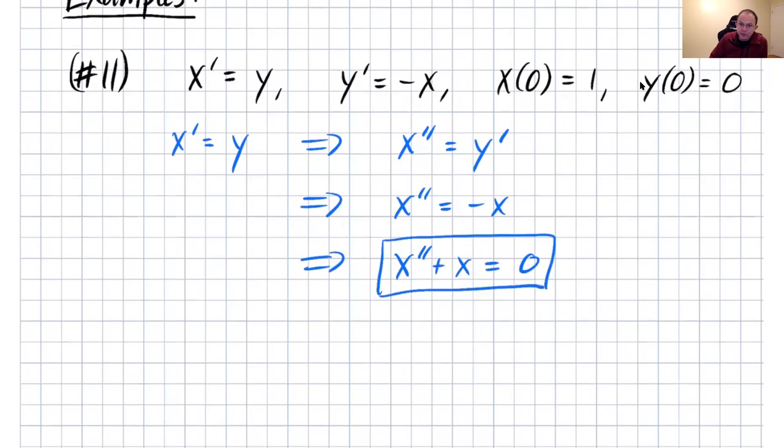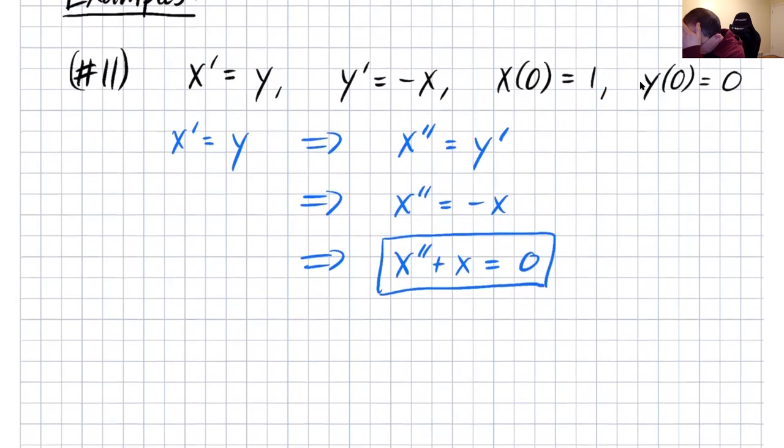We can solve this either with Laplace transforms, or we can solve it using the techniques from chapter 2. Let's use Laplace transforms because we have these initial conditions. We can write those in. So notice that we have x of 0 equals 1.